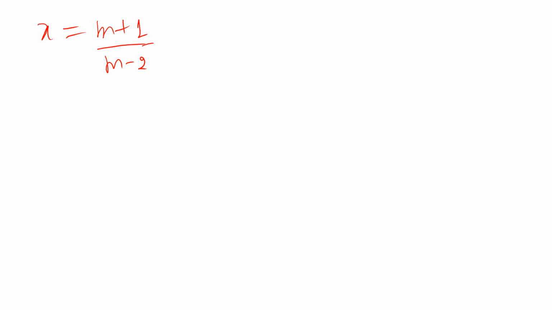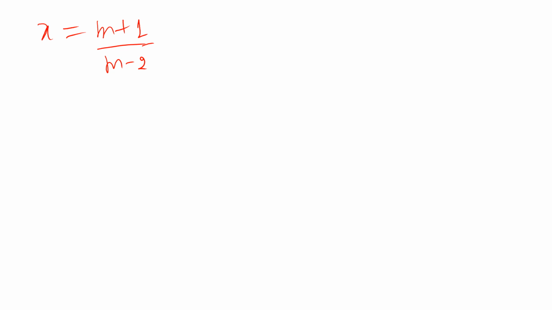As you see, on the denominator you have m minus 2. Then if m is equal to 2, we are not able to get x, because when we replace m by 2, we get 0 on the denominator.